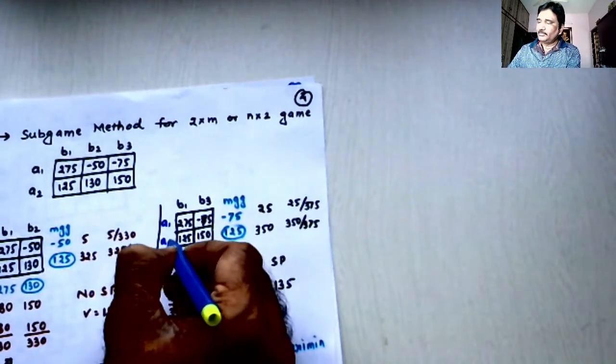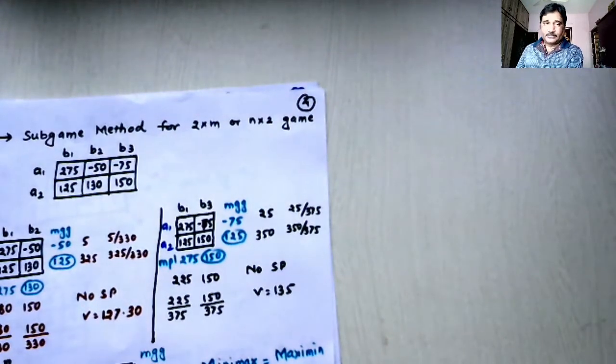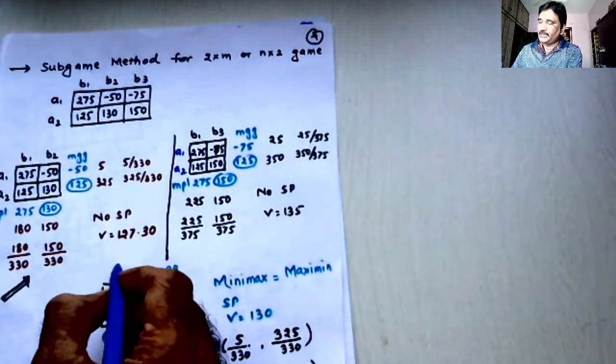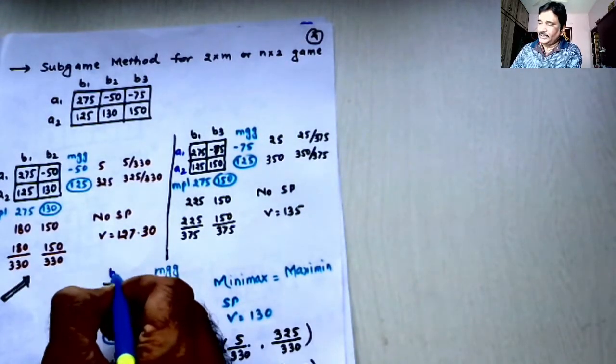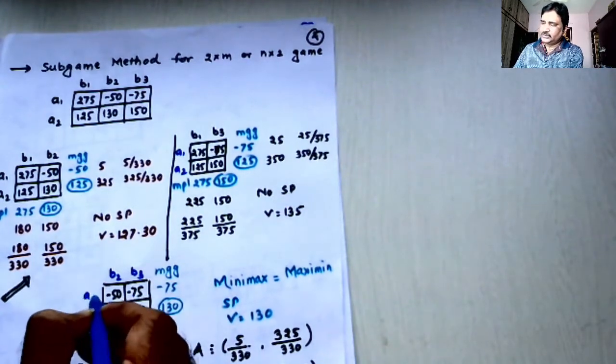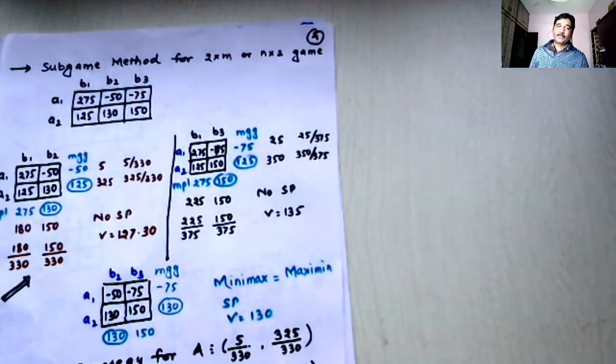And third time, I'll be taking the sub game in which player B plays the courses of action B2 and B3. A has no choice because it has only two courses of action. So I form three sub games, and all these sub games obviously will be 2 by 2, for which I know the method.